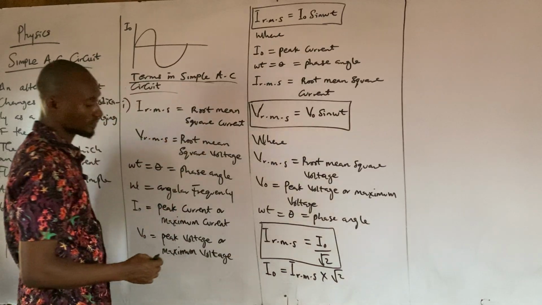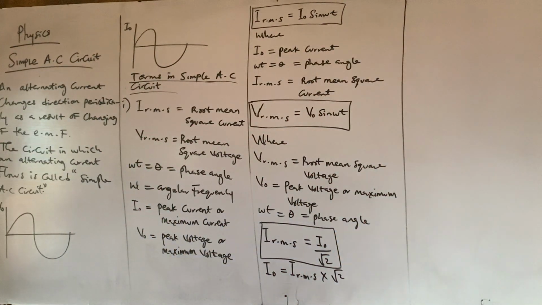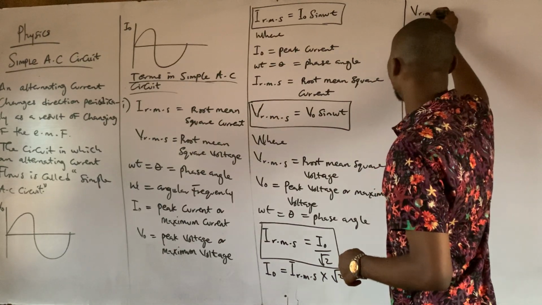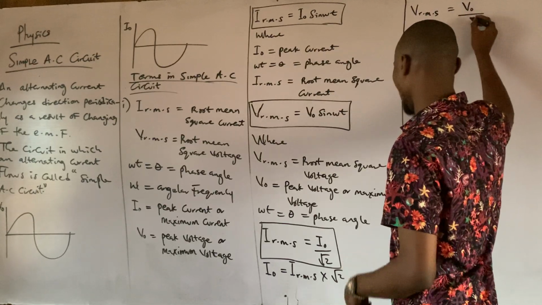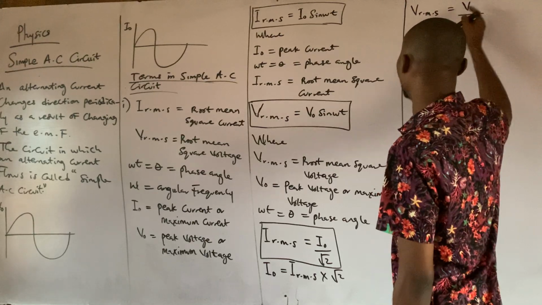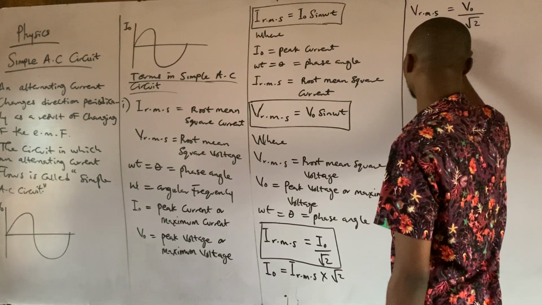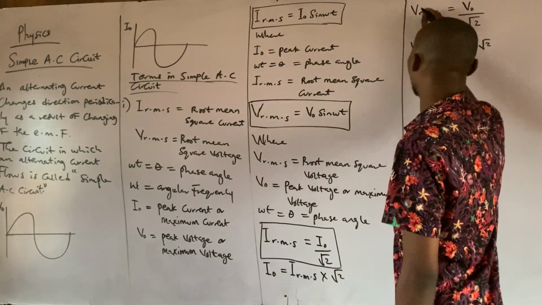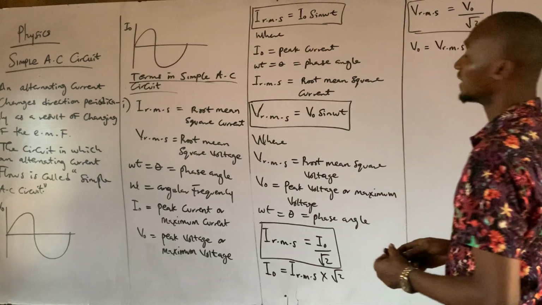Are you there? The same is applicable to V rms is equal to VO over root 2. If you make this the subject of the formula, you have VO is equal to V rms times root 2. Take note of this. Are you there?